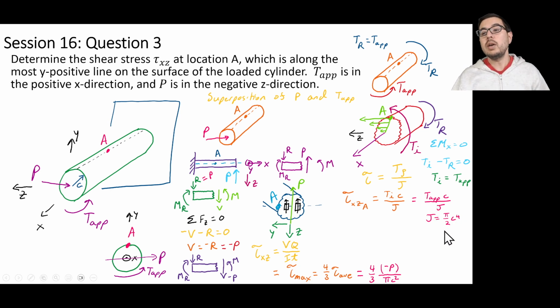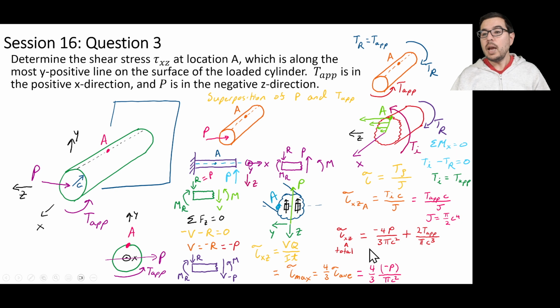So I is pi over 4 c to the fourth. And I comes before J, so I is less than J. So I remember pi over 4 for the second moment of area, and then if I need the polar moment of area for a circular cross section, the J, it comes later in the alphabet, so it's going to be pi over 2. It's larger than the I, so pi over 2 c to the fourth.